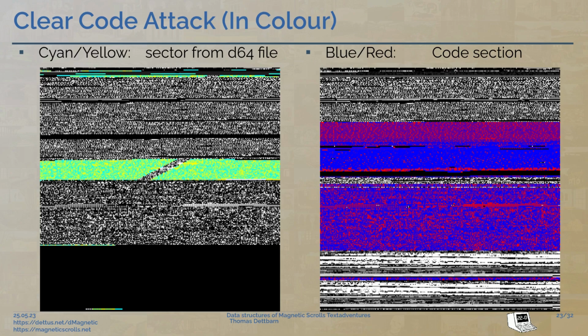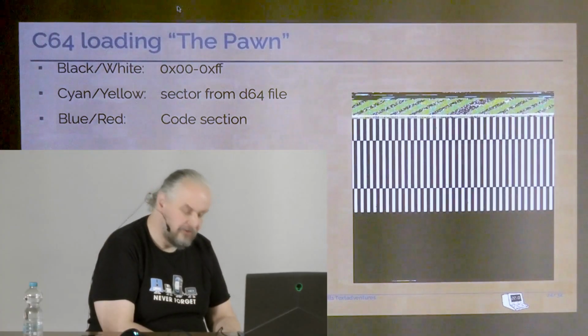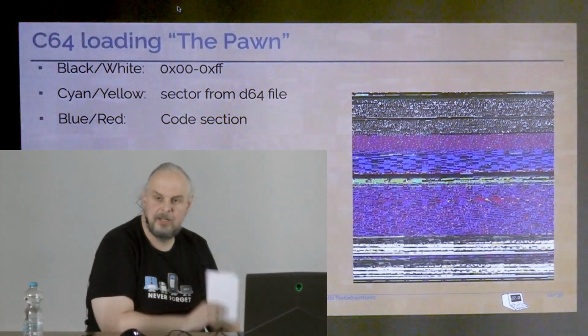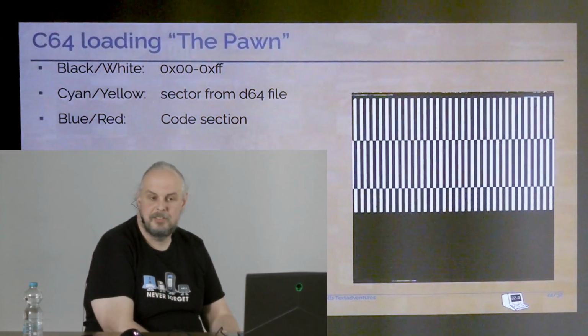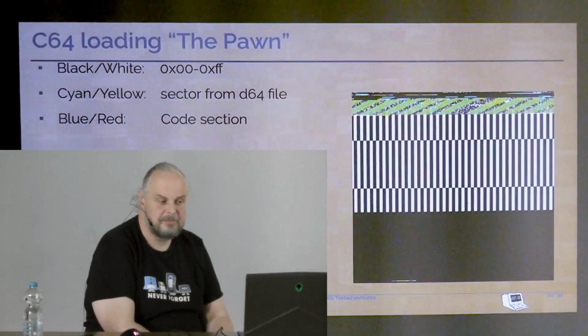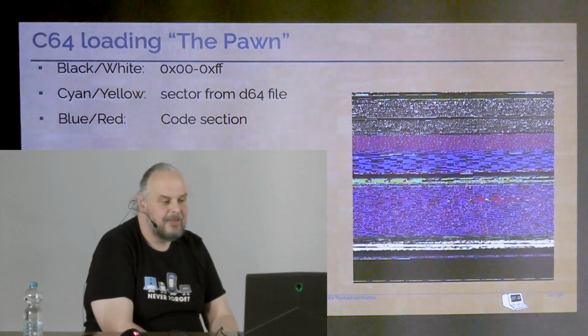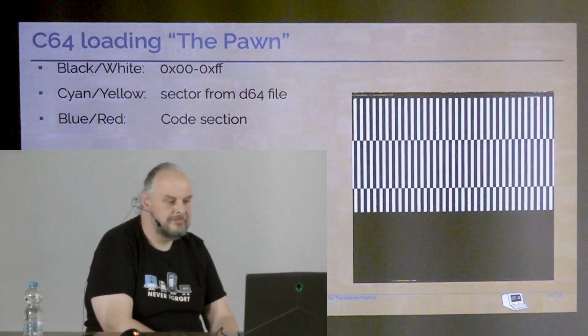When I animate this process again, like this, you have a better idea of what is really going on. What you're seeing here is when it was loading, and when it was loading the very first picture.